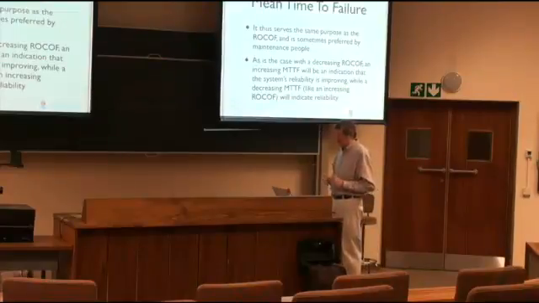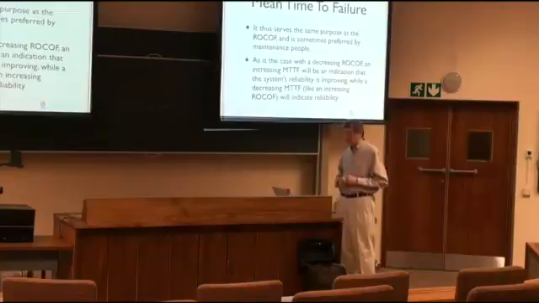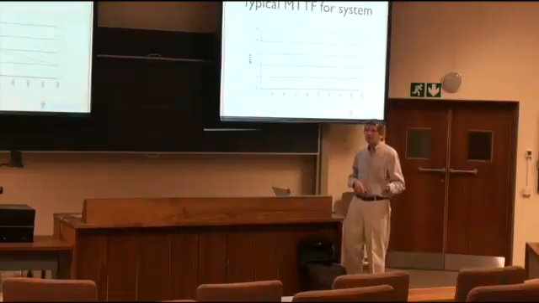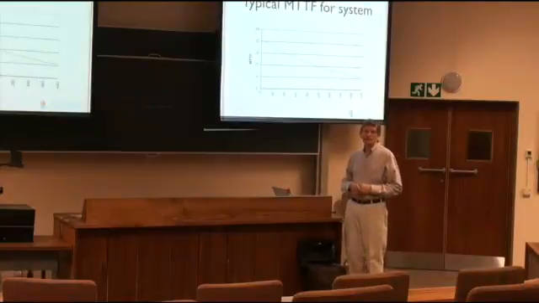As is the case with the decreasing ROCOF, an increasing mean time to failure will be an indication that the system's reliability is improving, while a decreasing mean time to failure, like an increasing ROCOF, will indicate declining reliability. In actual fact, where you expected the ROCOF to go up like this, you expect a mean time to failure that goes down.